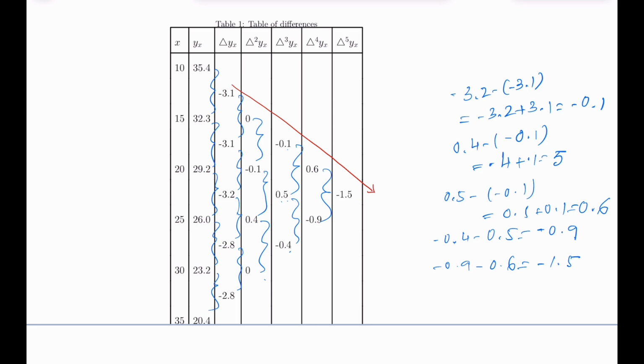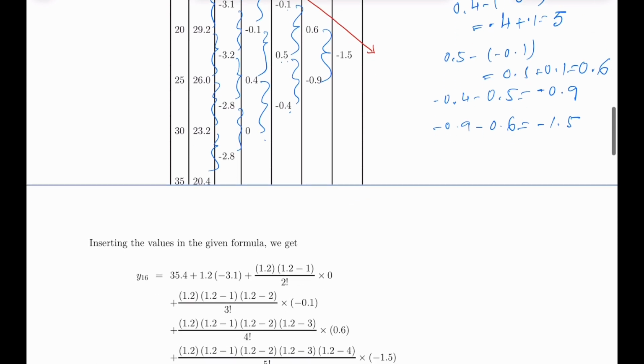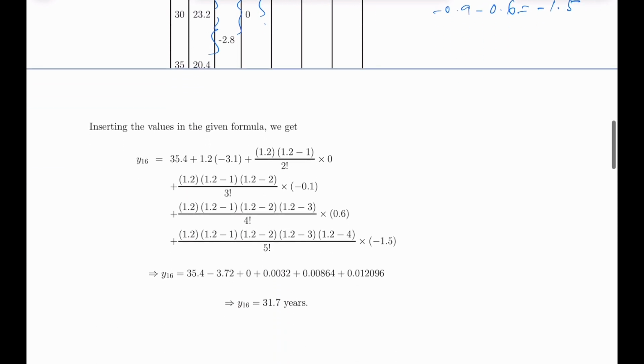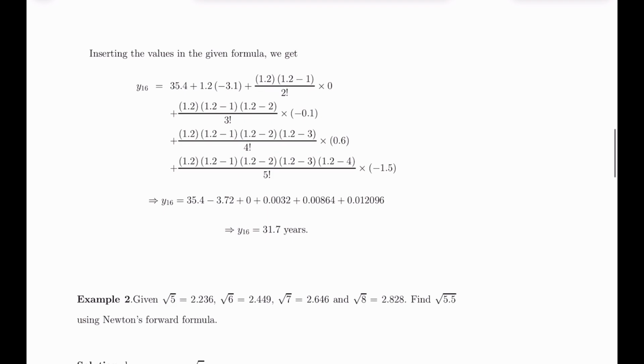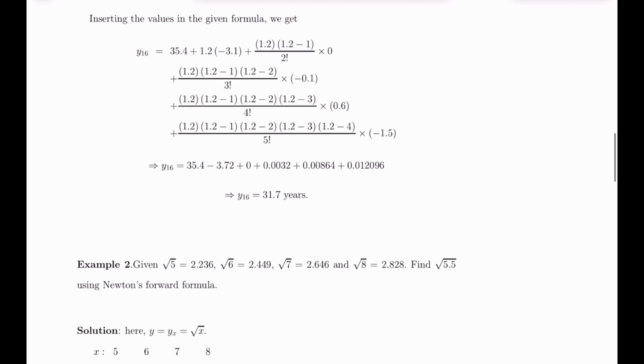Now use the formula and put these values in this order. So insert the values. This is 30.4 plus 1.2 into minus 3.1 plus 1.2 into 1.2 minus 1 upon factorial 2 into 0, and so on. Go on putting these values and solve it.